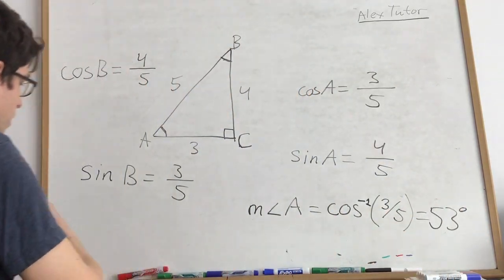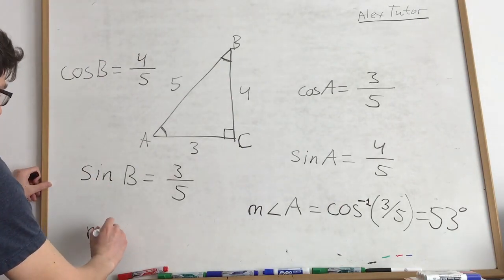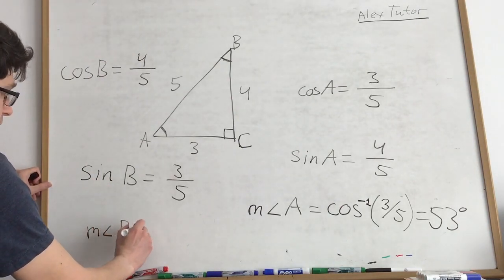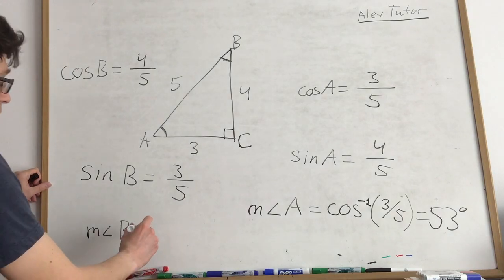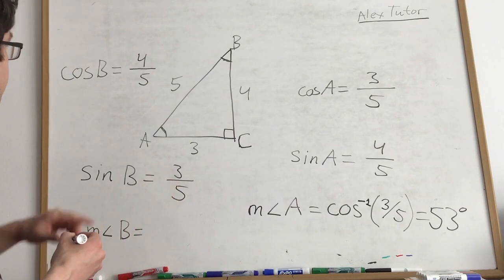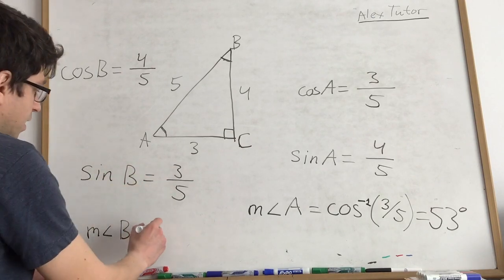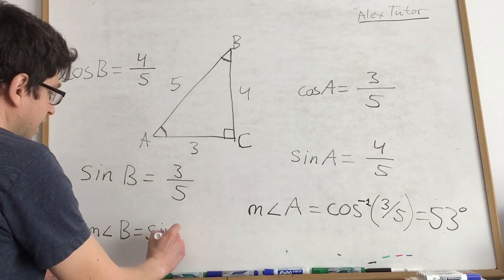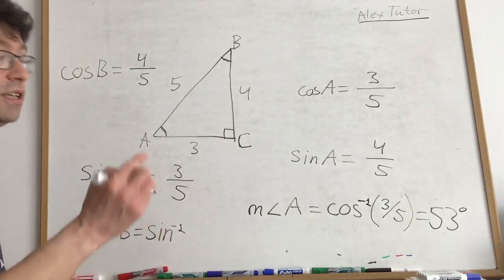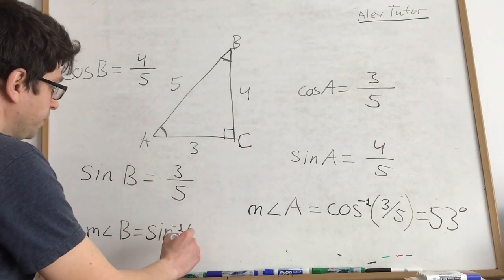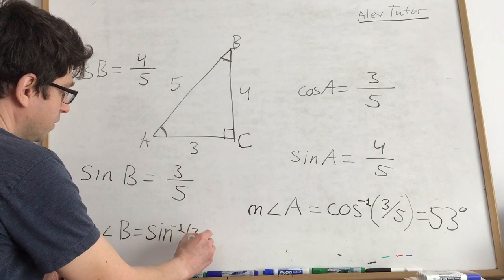Now what if I want to find measurement of angle B? So angle B, the sine of angle B is 3 over 5. So in a calculator I enter sine -1, which means inverse of sine, and I will enter 3 over 5.